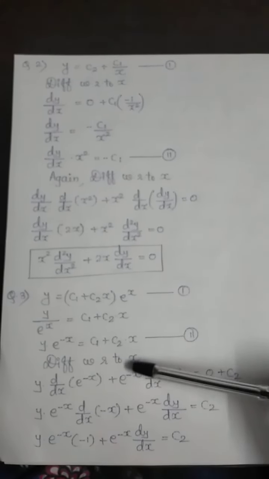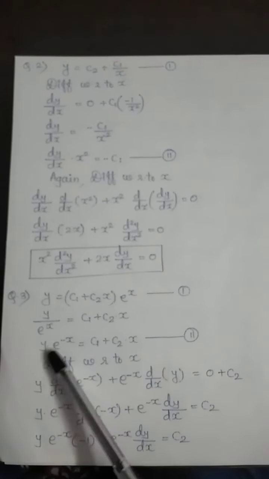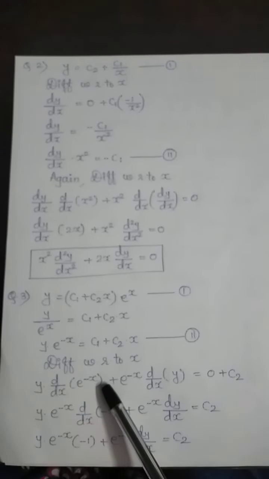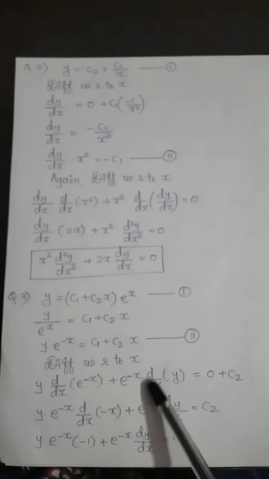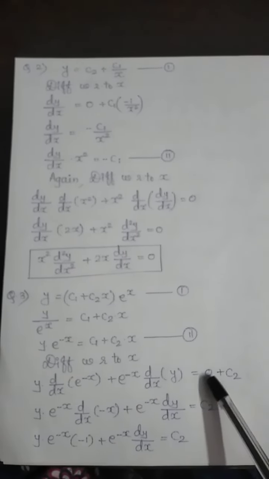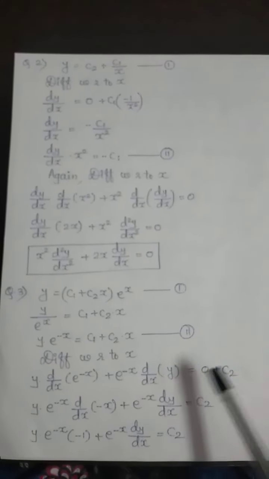Now differentiating with respect to x, here we will use the u into v rule. So y derivative of e raised to minus x plus e raised to minus x derivative of y is equal to derivative of c1 is 0 plus derivative of c2 x is c2.